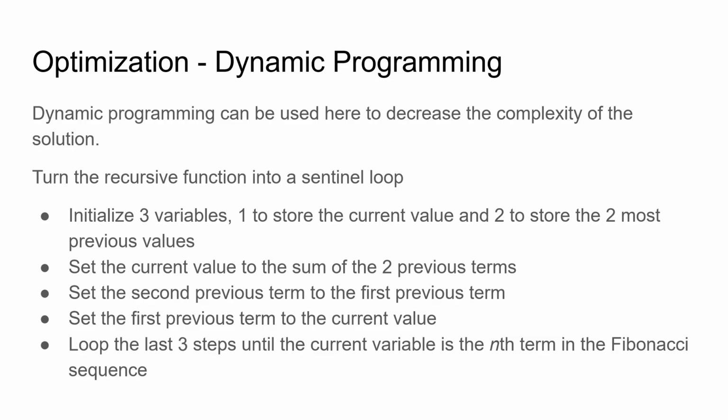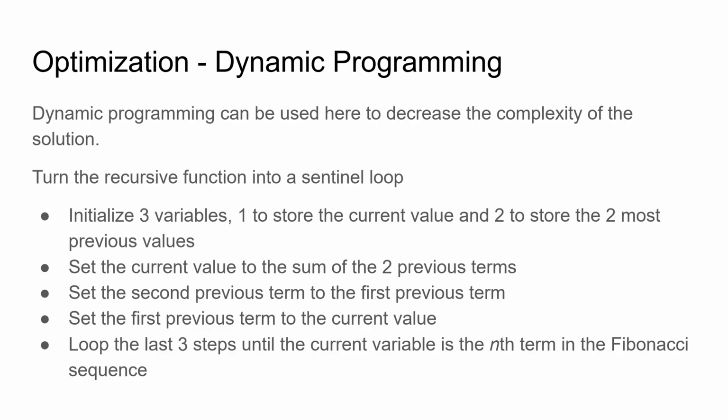Now, basically what this does is, instead of doing a recursion loop, we're putting it inside of a for loop. How do we do that? Well, first, we're going to store 3 variables in the function. One of them will store the quote-unquote current value of the Fibonacci sequence, the nth value that we have found so far. And we're going to store the 2 previous values as well.